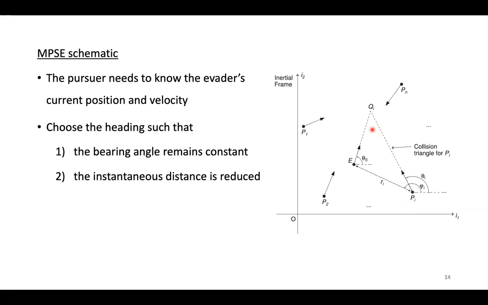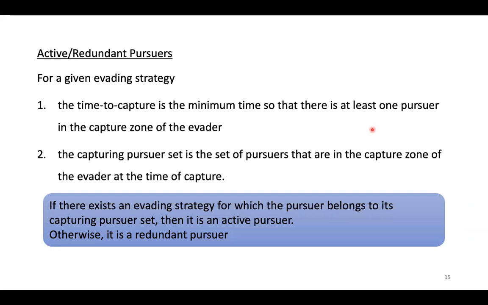So if I assume this, I can define what are called active or redundant pursuers, which means I'm not fixing the evader strategy, but I'm only fixing the pursuer strategy. So the evader at this point, if it knows that the pursuers are following constant bearing or whatever strategy that you fix, let's say even if you fix pure pursuit strategy, it can figure out its best strategy in that situation and solve an optimal control problem.